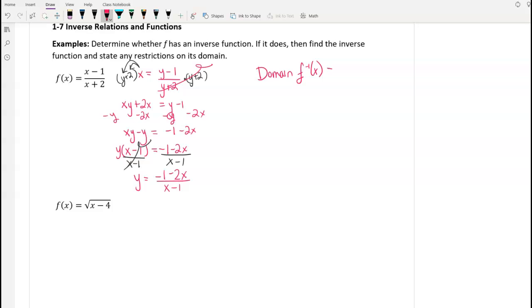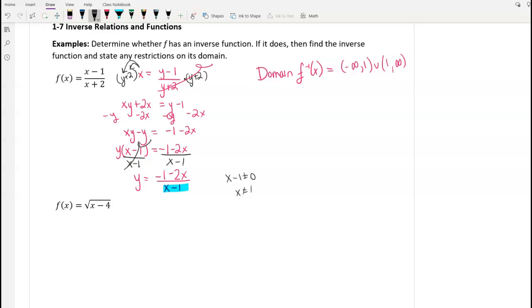So we go from -infinity to 1 and 1 to +infinity. And that's because, if you recall, we set this bottom value equal to 0, and that says, hey, x can never equal 1, or else we'll end up with that 0 in our denominator, which is an undefined value, which is not allowed.